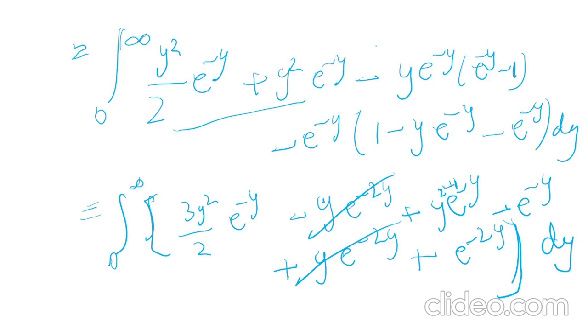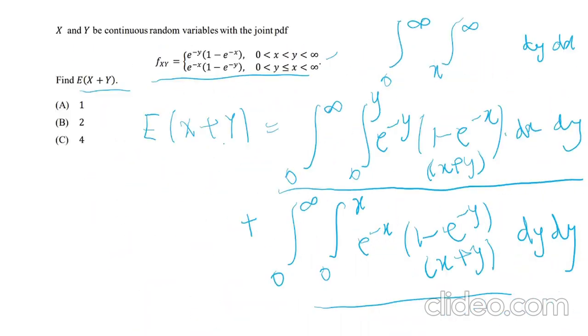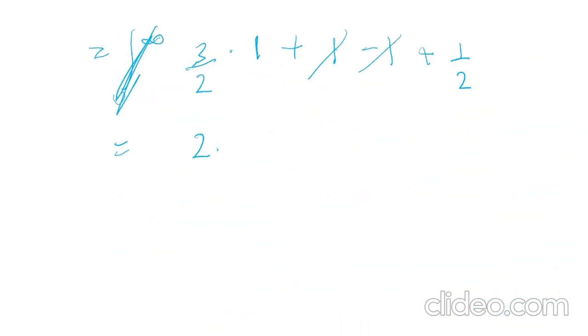Next e to the power minus y will be 1 upon this, it will be minus 1 for the last one, e to the power minus 2y, so this one will be cancelled out, will be 3 by 2 plus 1 by 2. So expectation of x plus y will be nothing but 2 times 2.